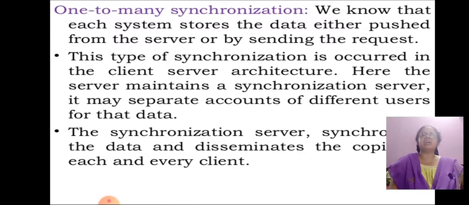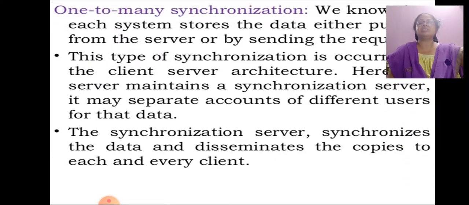Here the server maintains a synchronization server. It may keep separate accounts of different users for that data. The synchronization server synchronizes the data and disseminates the copy to each and every client.